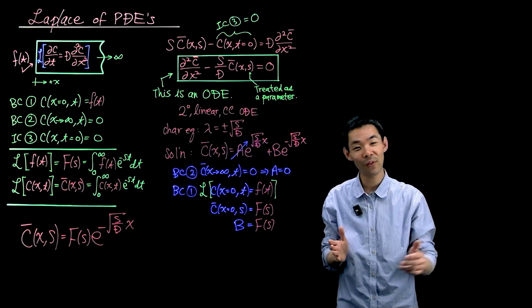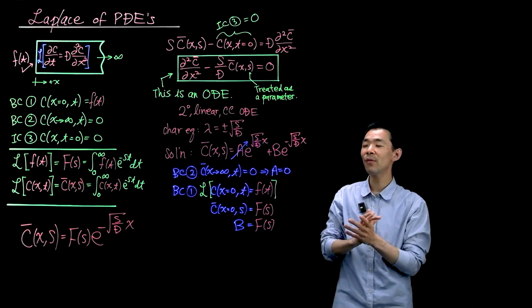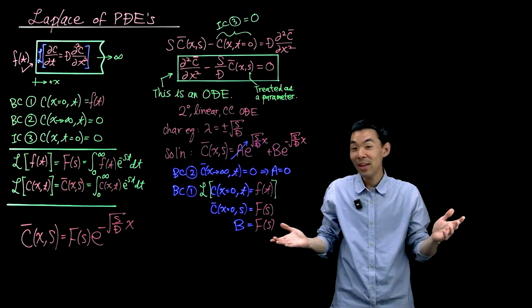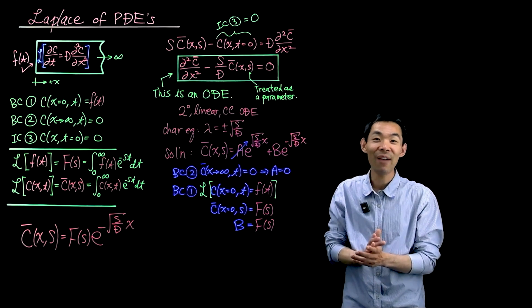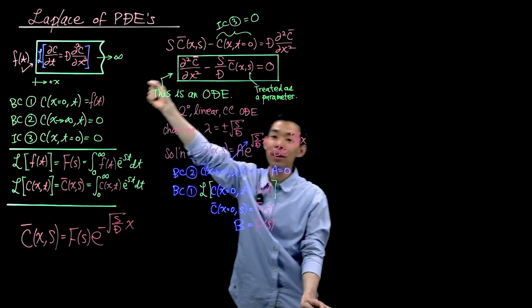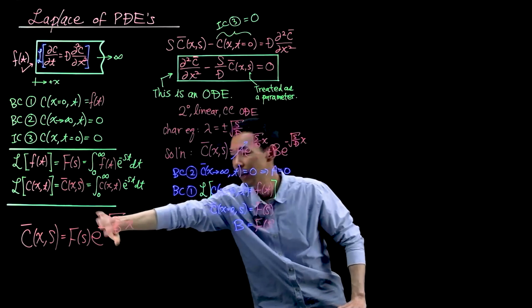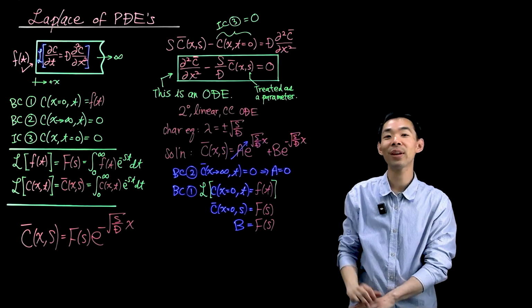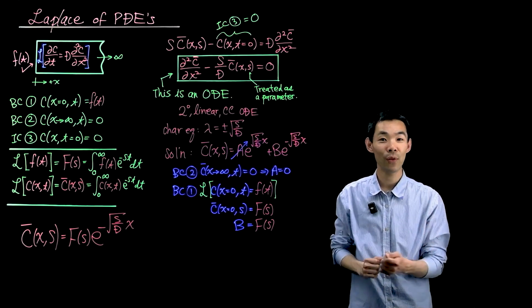Now, we need to invert. But when it comes to inversion, we need to know what the capital F of s is. In other words, we need to know what little f of t is. Once you hand me a little f of t, I can obtain a specific functionality for capital F of s, and then I can do an inversion.